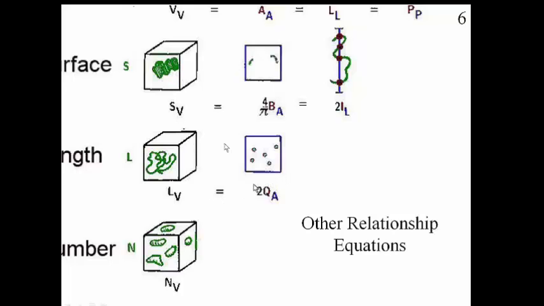When we get down to length estimates, we have this very simple relationship: 2 times the number of cross sections per unit area on average will equal the length per unit volume. And notice that I say on average because it's a statistical measure, and it has to be used in a particular sense. This is very similar to what one's doing with public opinion polls.